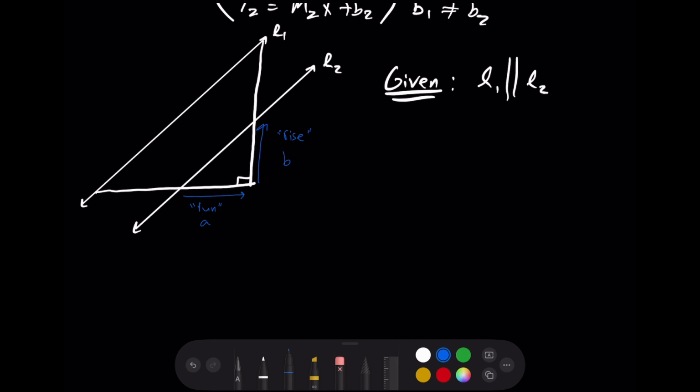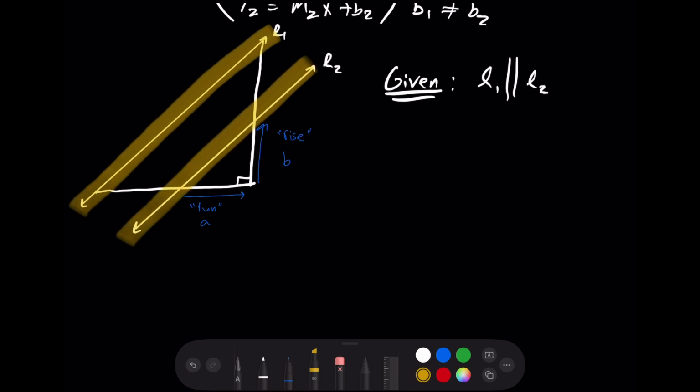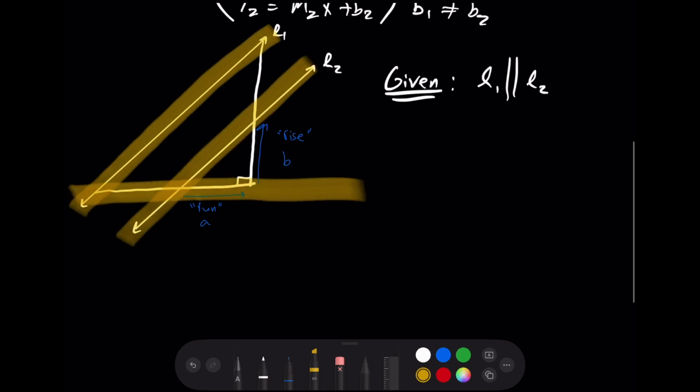But likewise, with the larger triangle, that represents L sub 1. So we have this run here and this rise here. I'm just going to remove that because I don't want this to be too cluttered looking. Now we're given that line 1 and 2 are parallel. But notice with these two parallel lines, we have this so-called transversal. It intersects those two parallel lines.